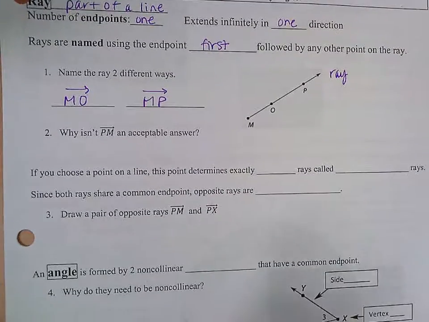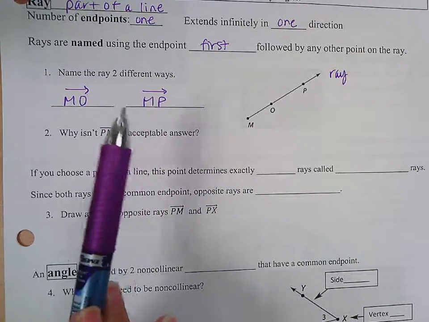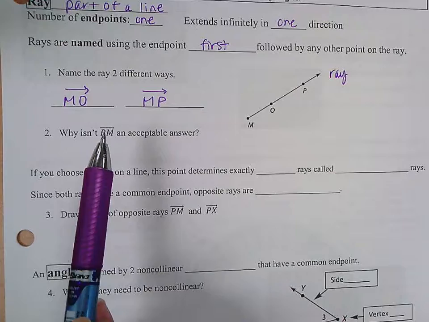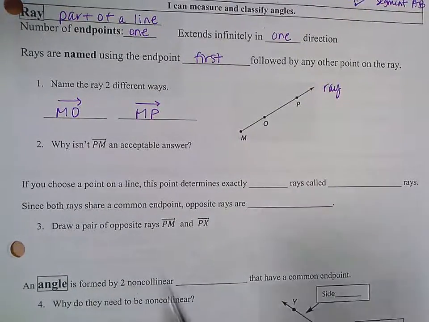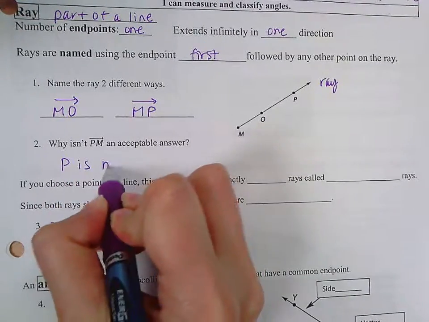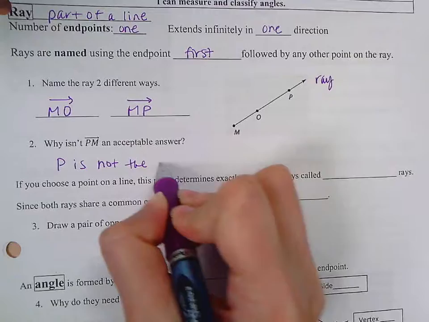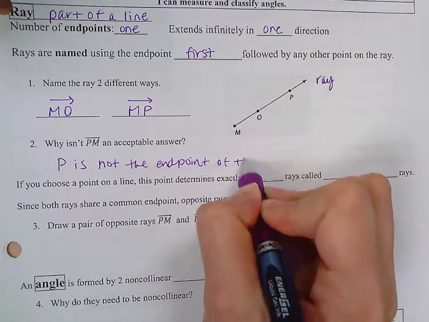Or like number 2 asks, why can I not switch this and call it MP or PM? Sorry, I can't call it PM, again, because P is not the endpoint, M is. So the answer to this, P is not the endpoint of the ray.